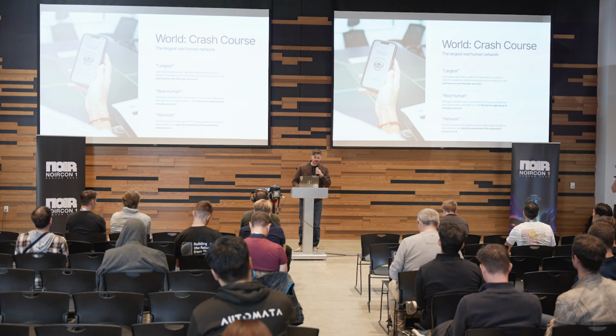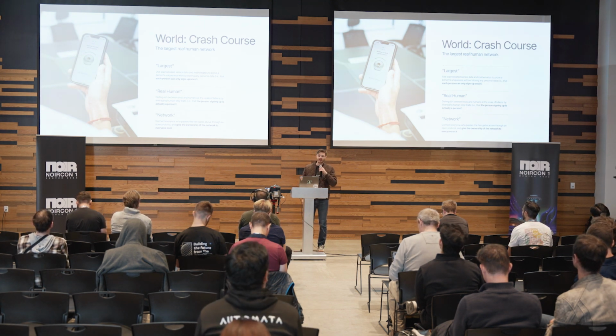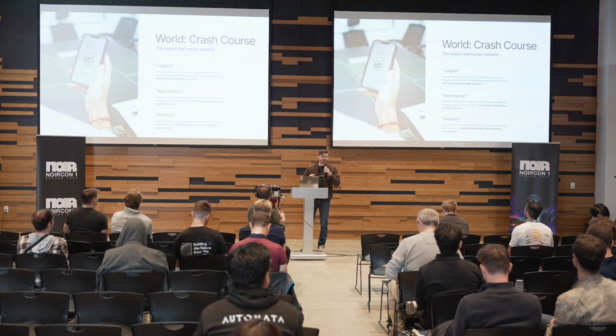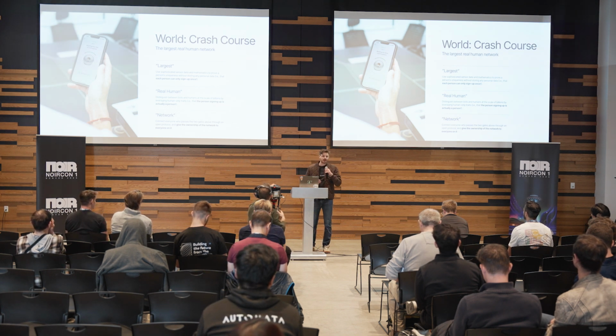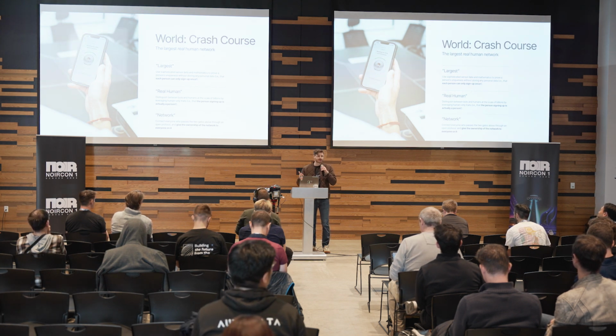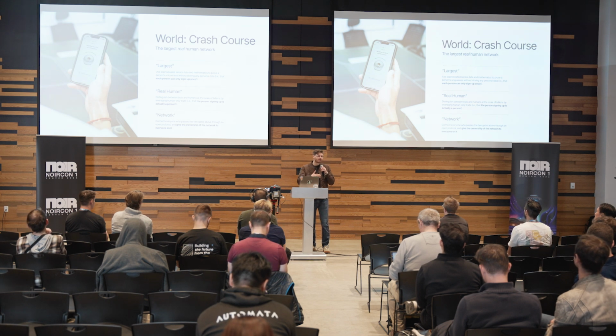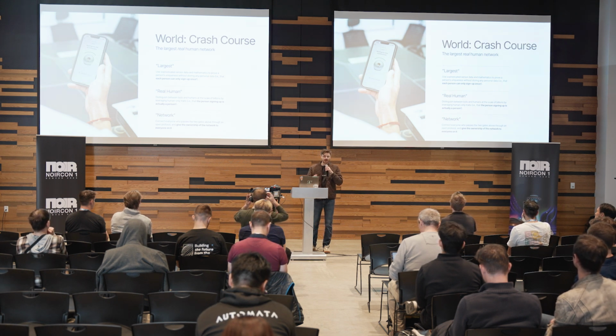So if you're not familiar with World or Worldcoin, World Chain, succinctly put, it's the largest real human network. We basically use a bunch of sensor data, sophisticated sensors from the Orb, a hardware device that we manufacture, and a bunch of mathematics to prove that a given person is a unique person amongst the set of all people who have ever come and verified through this process.